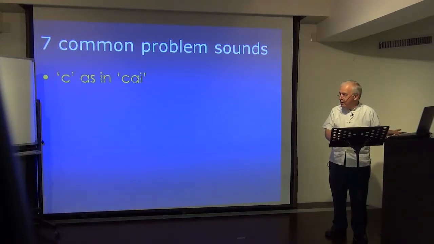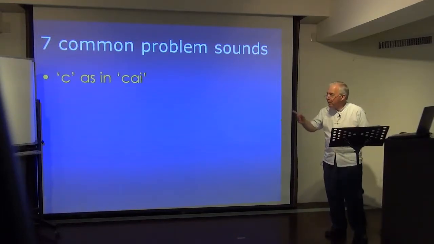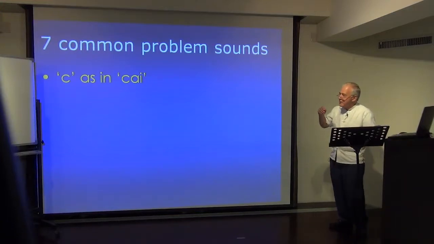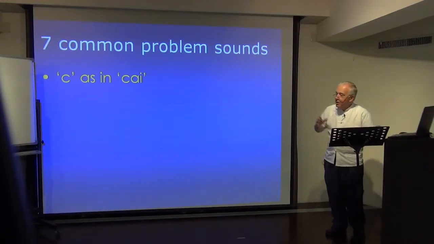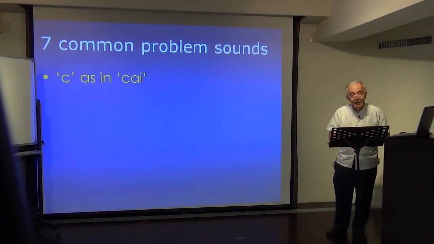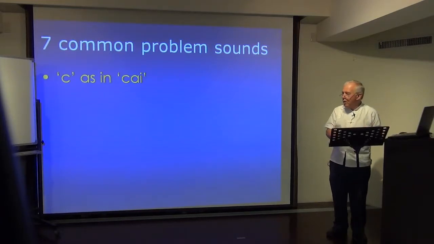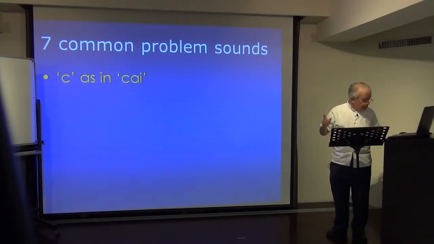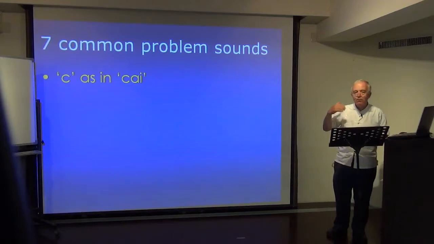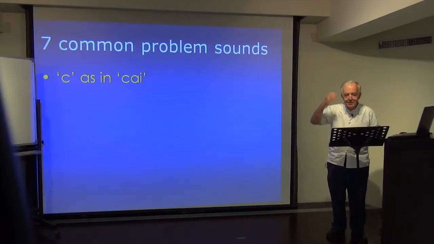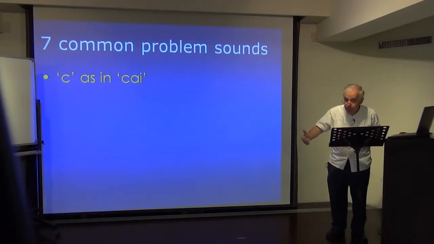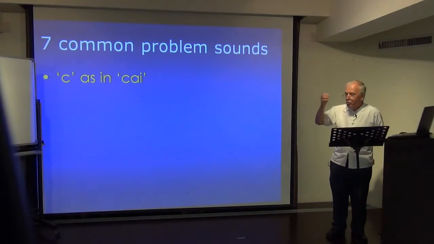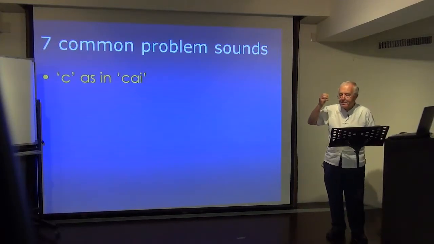Let's first look at this one, which we've already talked about, the C, which is ts sound. Because, as I said, we don't have it in English, people don't aspirate it, there's no air coming out. And so foreigners will say, 我去菜市场买菜, rather than 我去菜市场买菜.